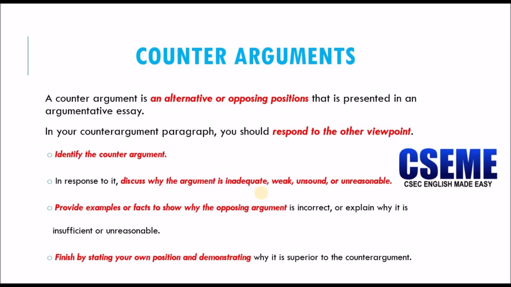Now, by doing this, you are negating the counter argument, meaning that you are saying to your reader, hey, I am saying the COVID vaccines work. However, Paul Smith in his argument said, no, they don't work because X. This is not correct because of this reason, that reason, that reason.